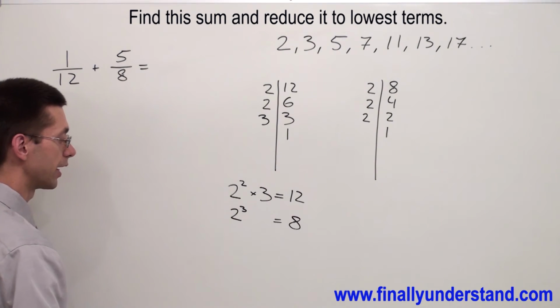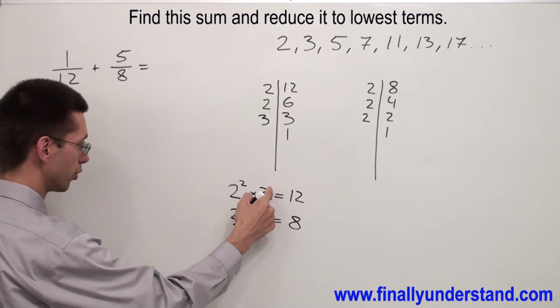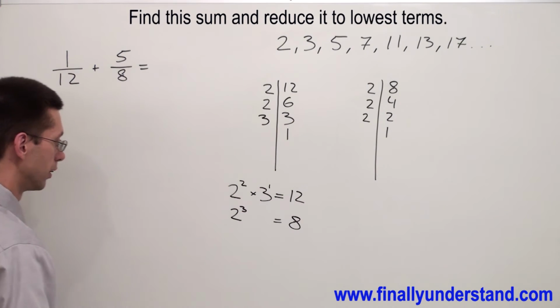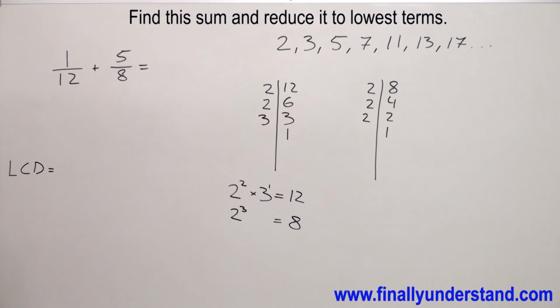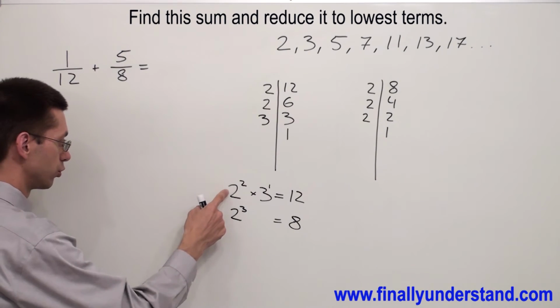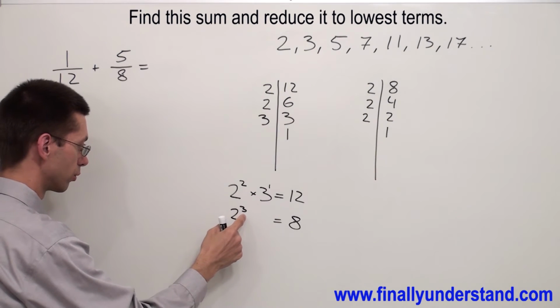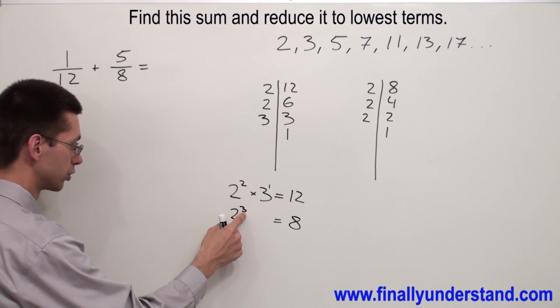Remember, anytime there is no exponent or power on a number, there is always an invisible 1. As I said, we have to choose different numbers and the highest powers. So we have 2 and 2, they are the same, so I always choose the one with the highest exponent. So I have 2 to the third.